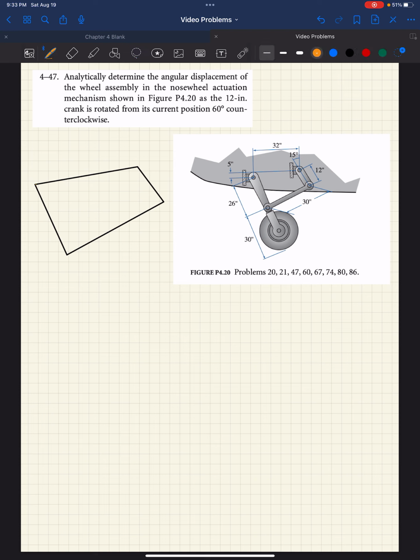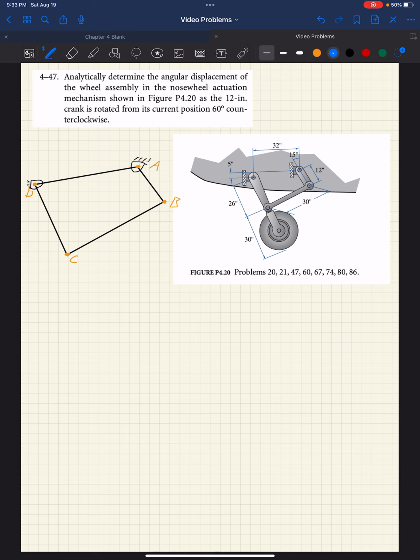All right, let's draw our joints as well as our ground connections. We'll go ahead and label everything. So we'll call this A, B, C, and D. And we'll just draw on our ground connections just to be thorough. Okay, so here's our kinematic mechanism drawn out.